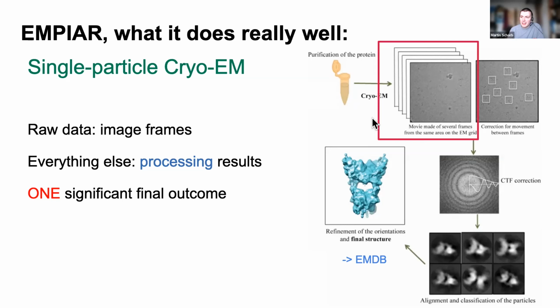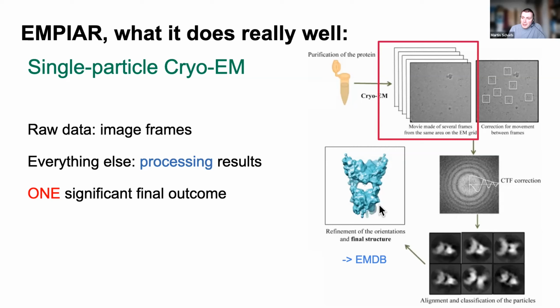So the raw data typically nowadays will be single 2D images, and the single 2D image is not a single image, but it's actually composed of image frames. So there can be hundreds of them for a single 2D image, with different electron dose, each of them, and that has implications into the damage and to movement, so you can do some processing. So that's typically the raw data that is deposited.